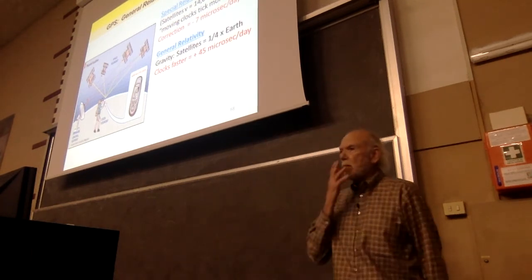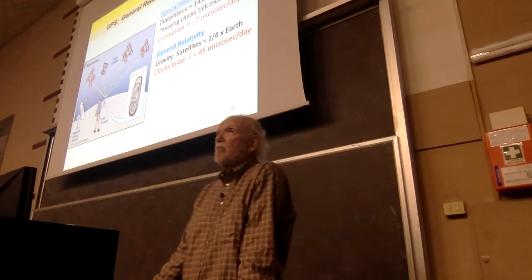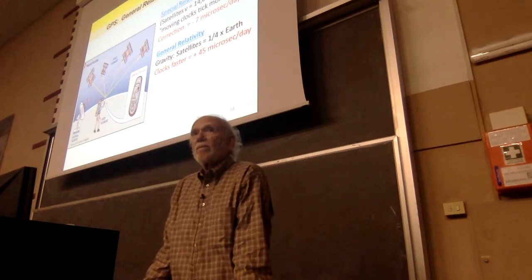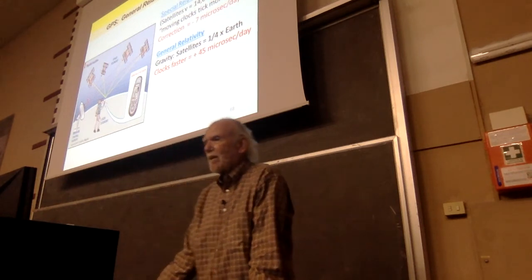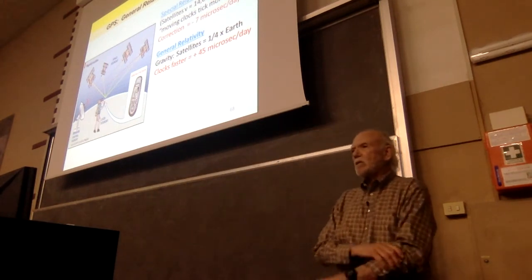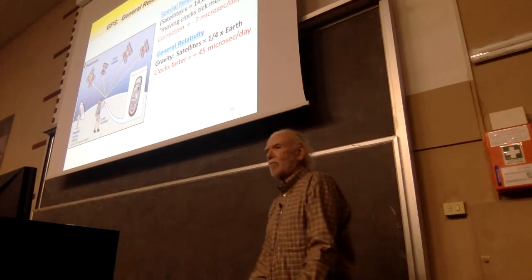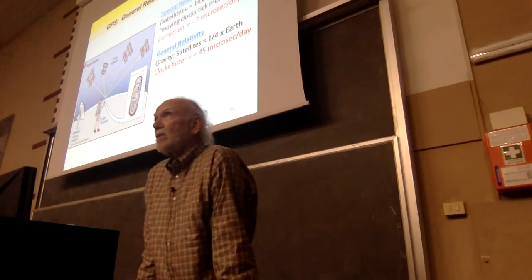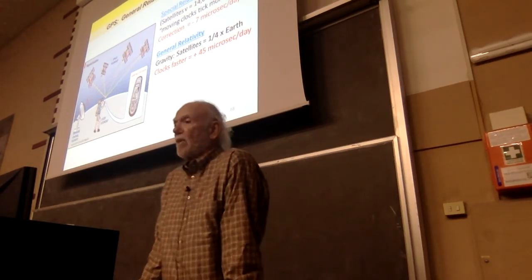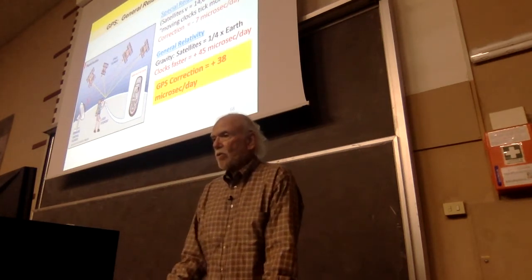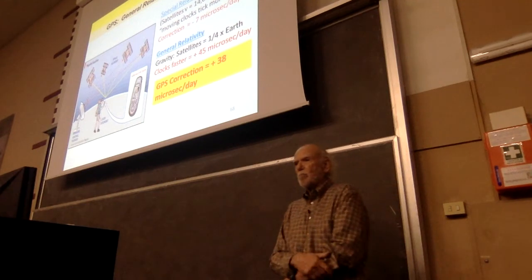General relativity is needed because the satellites are far enough above the Earth that the gravitational field from the Earth felt at the satellites is about 1/4 what it is on the Earth itself. And if I then take general relativity, I have to make a correction. In fact, this correction is the other sign. Clocks go faster, and the correction is 45 microseconds a day. So the total correction that has to be made in GPS is 38 microseconds per day.